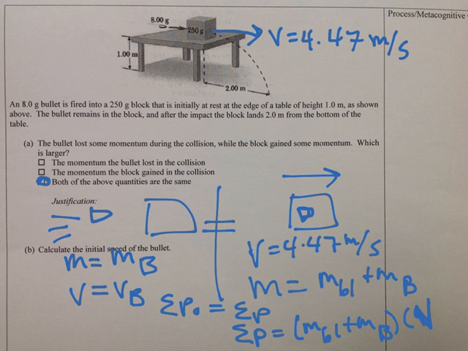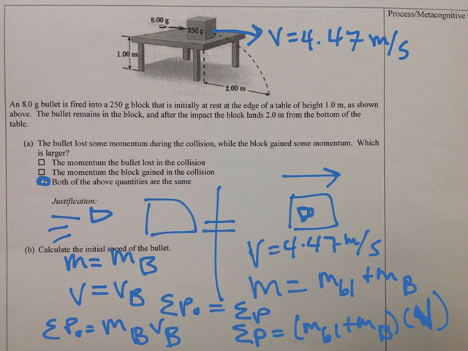I'm just going to put velocity, and then my original is equal to the mass of the bullet times the velocity of the bullet. And remember, we're solving for the velocity of the bullet.